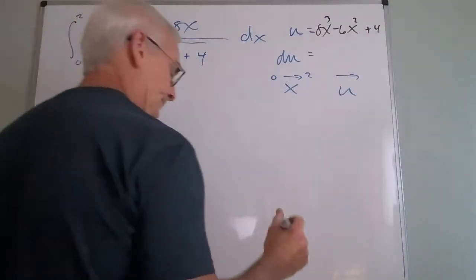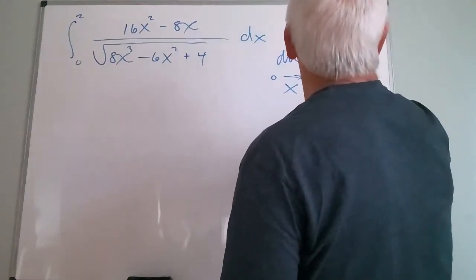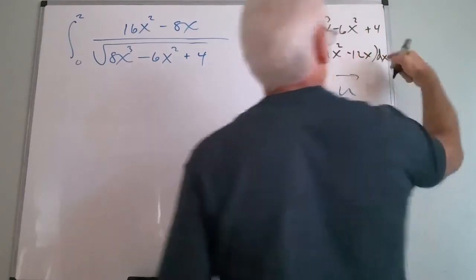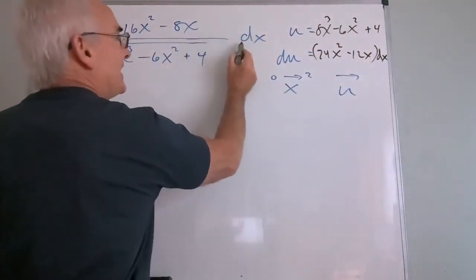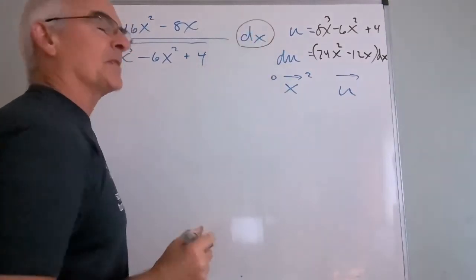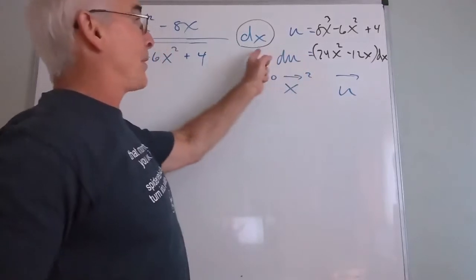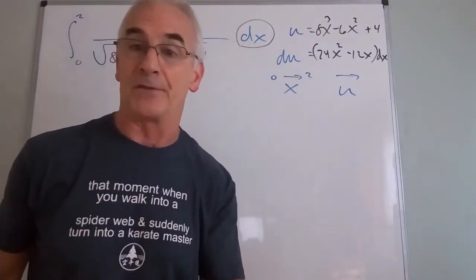What's my du? 24x squared minus 12x. Is that a problem? And don't forget, a lot of times we forget the dx. That's actually important, because in Calc 1 a lot of people take it for granted. That's actually the most important part of the problem, because that's my instruction. It'd be like if I said, take a derivative.